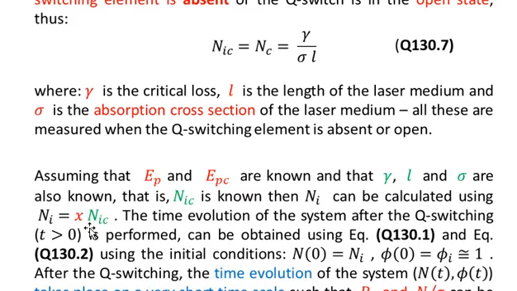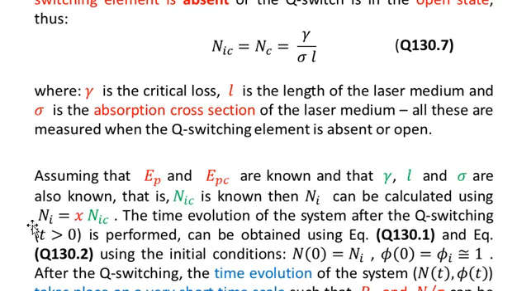So Ni can be calculated because NIC, shown in green, is known, and X is also known because EP and EPC are known. Their ratio determines the value of X. NIC is known through this equation because gamma, sigma and L are known, and due to that, Ni is also known.